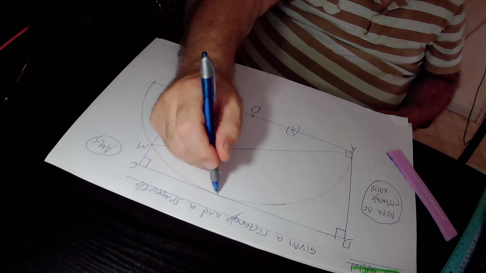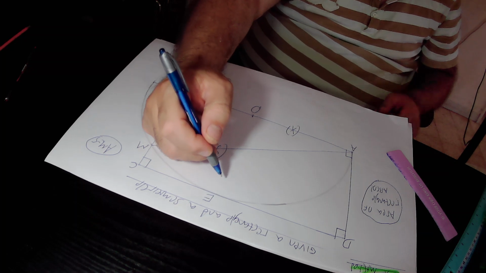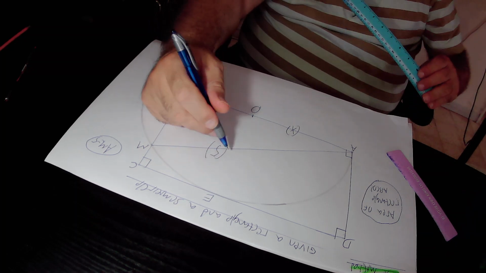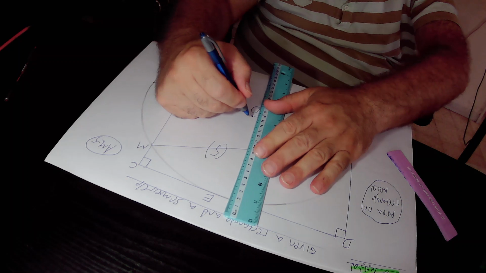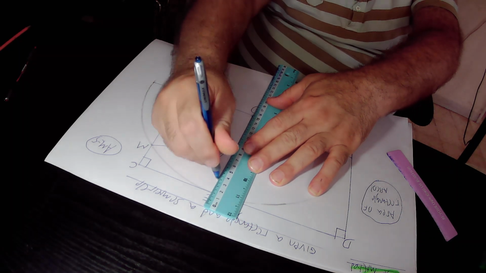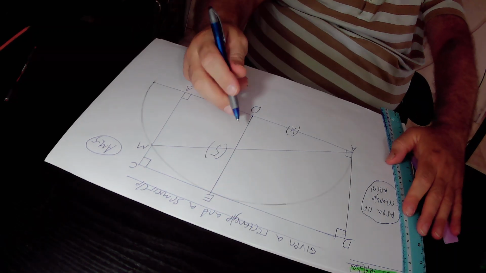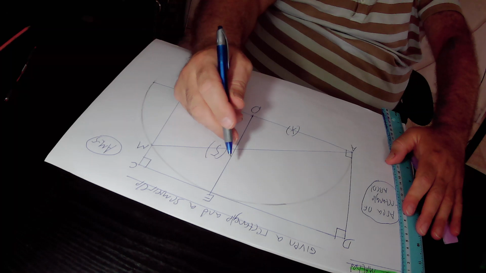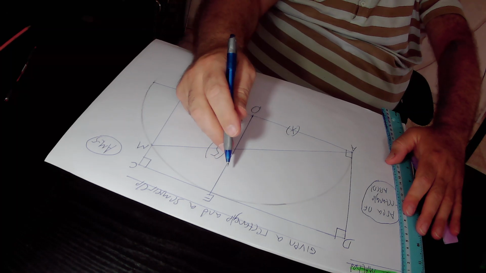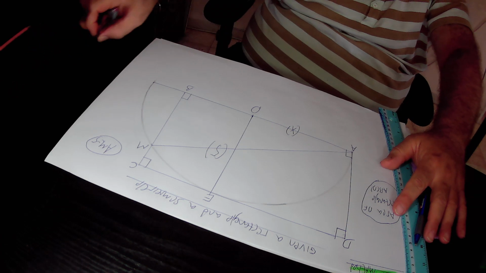This point is point E, and we join points O and E together by a straight line. Point O is the center of this semicircle, point E is a point on the semicircle itself, therefore OE is the radius of this semicircle, equal to x units in length.